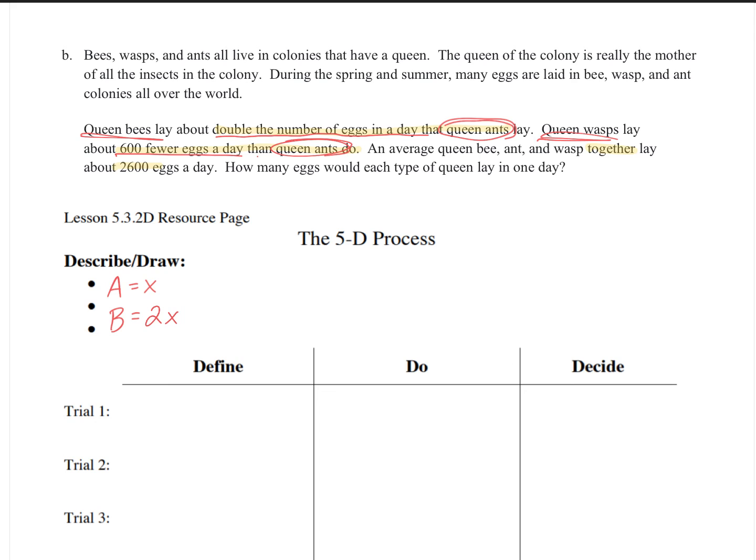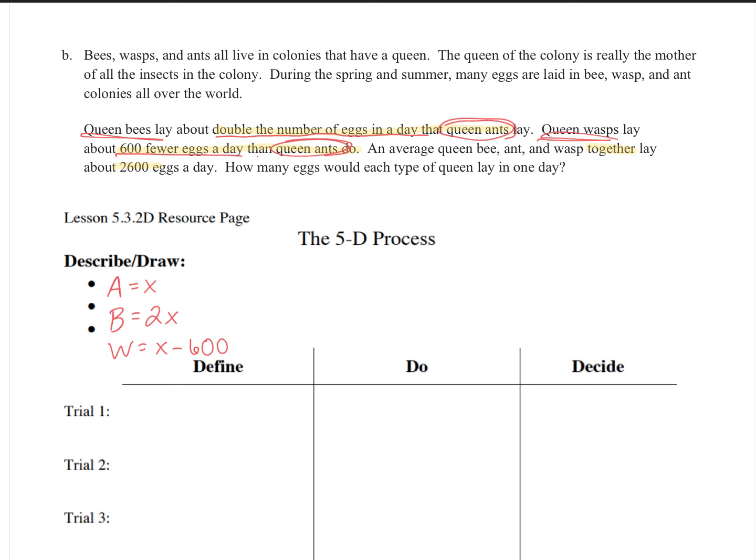We're going to call the queen wasps W. So W is going to be the number of eggs that a queen wasp lays, and that's going to be equal to 600 less than the queen ant. So if the queen ant is X, X minus 600 will give us queen wasp eggs.